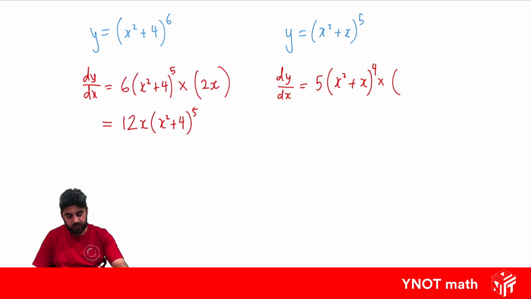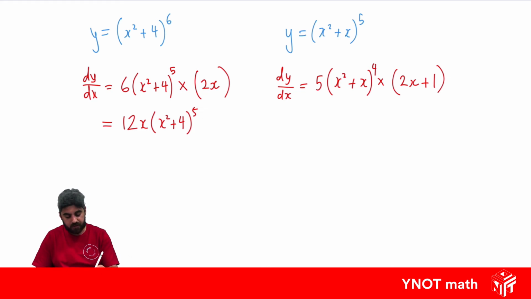Derivative of x squared is going to be 2x, and derivative of x is going to be 1. But it's very important you write everything in a bracket here, especially when you have multiple terms in here for your derivative of the function inside, because everything needs to be multiplied by this derivative.